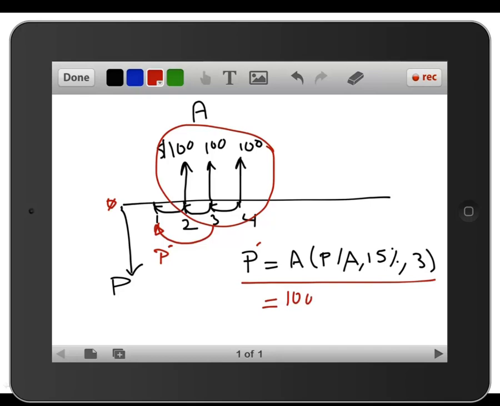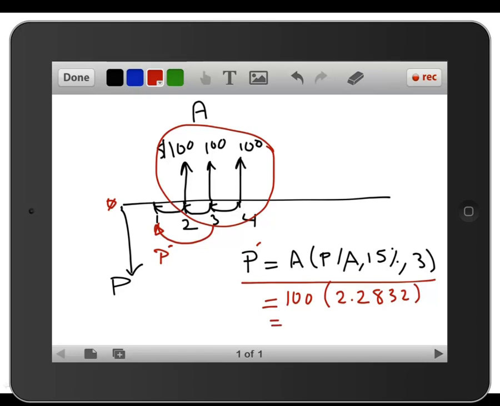A is equal to 100. Then I will multiply with a factor. The factor is P given A with 15% and 3 years, or 3 periods. So that will be equal to 2.2832.